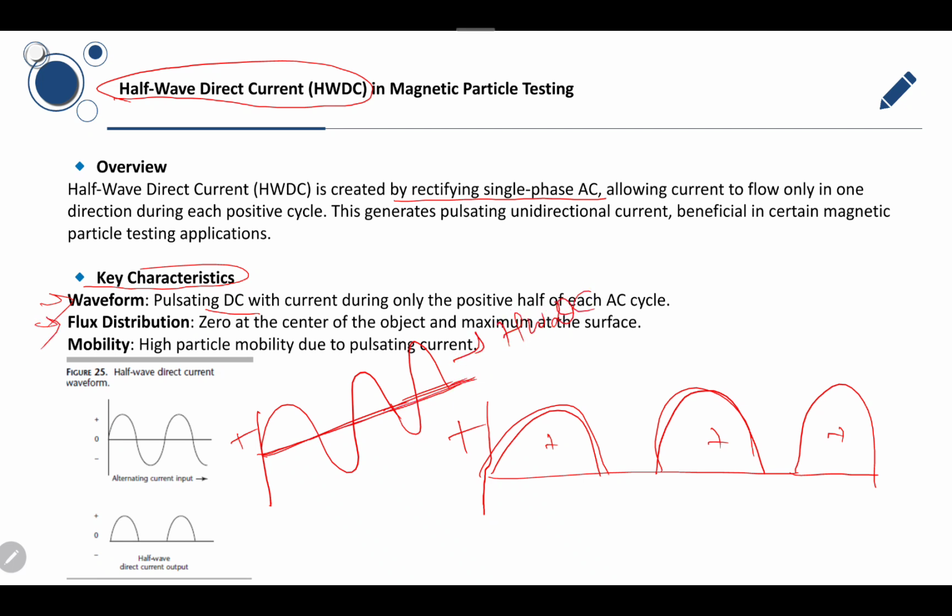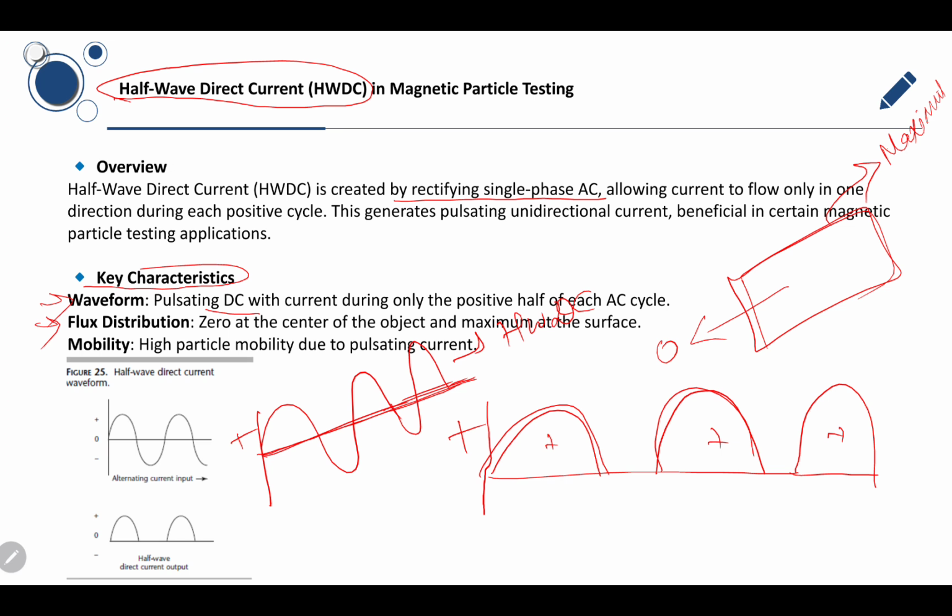Next one is flux distribution. The magnetic flux is 0 at the center of the object. If this is the object, the center is always 0. The maximum peak is at the surface.